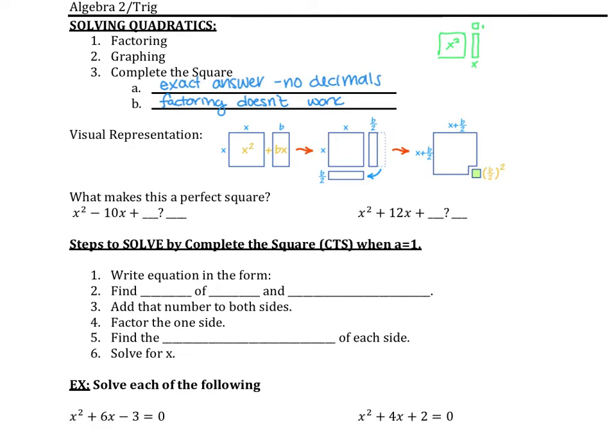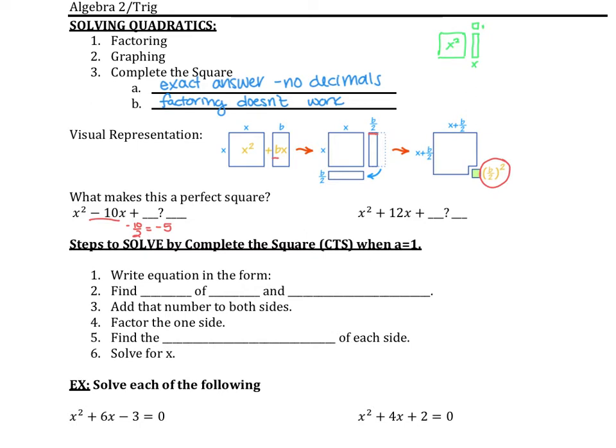If we look at x squared minus 10x plus something, to find a perfect square, what we're going to do is take our b value, in our case negative 10, and just like they did up here, we're going to take b and divide it by 2. So I'm going to take negative 10 and divide it by 2 to get negative 5. But then notice what was next: they squared the negative 5, or they squared b divided by 2.